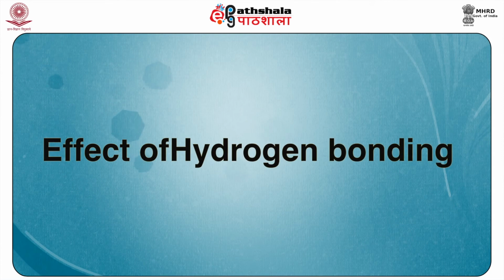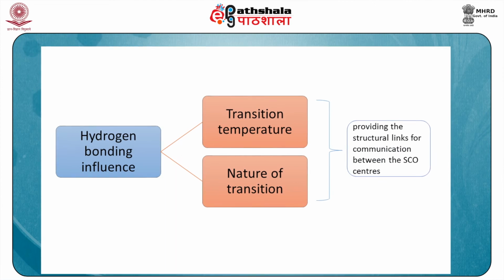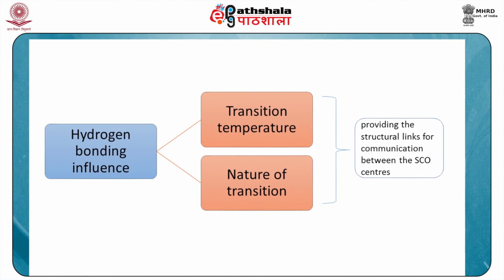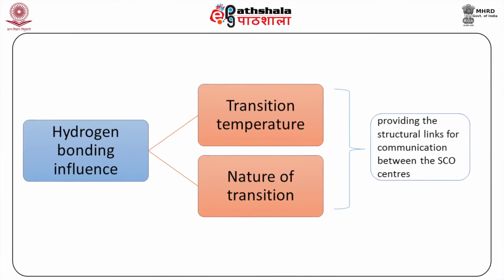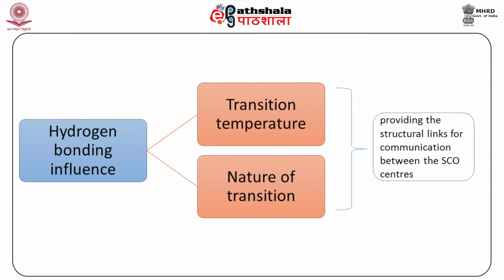Effect of hydrogen bonding. Hydrogen bonding can also impart a major influence on both the transition temperature and the nature of the transition, providing the structural link for the communication between the crossover centers.